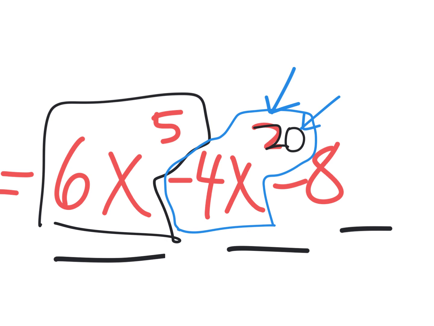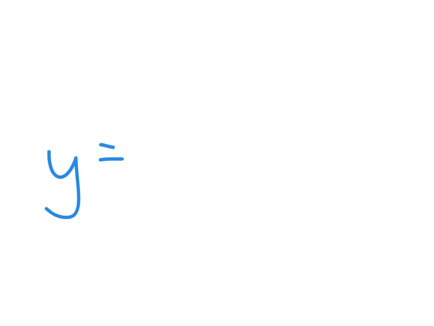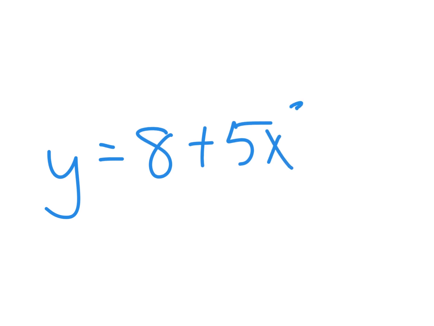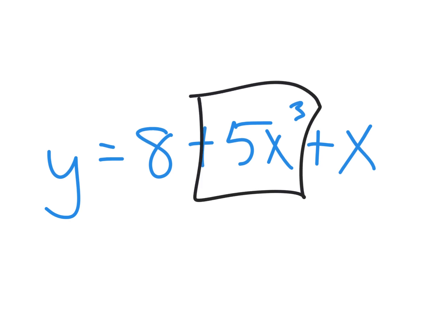Now, just to clarify, you're supposed to put the biggest power in front, but we're math teachers and we like to mix it up and test if you really understand. So sometimes we'll put the 8 in front and say 5x to the 3rd here and then plus x, and then we'd say what's the lead term, and you're supposed to know it's that one because it's got the biggest degree.